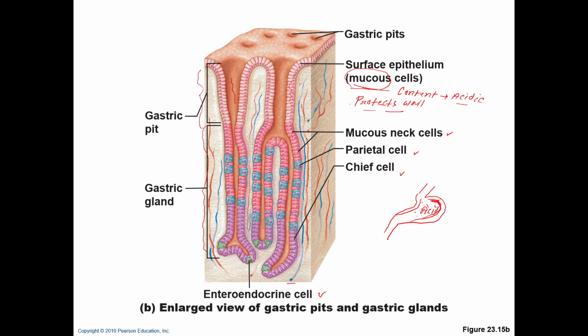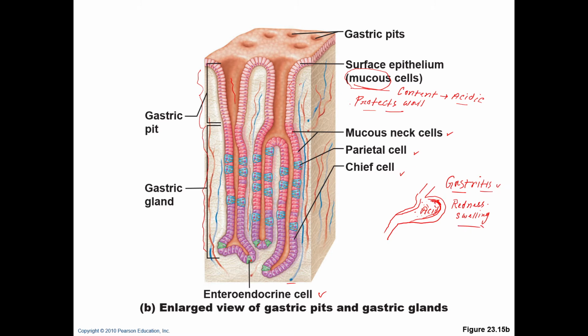So if inflammation occurs, redness and swelling occurs in the wall here, that is called gastritis. Itis is inflammation, gastric is stomach. So that will cause redness and swelling in the wall, and the person will feel burning sensation. So that is gastritis.